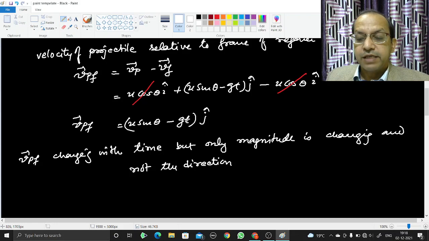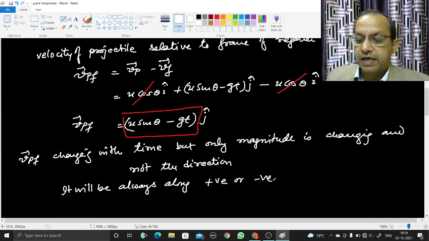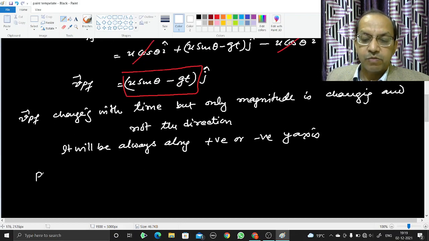If I change the value of t, only the magnitude of this quantity changes, and it has only the j component. It will always be along the positive or negative y-axis. So the projectile velocity seen from the reference frame will be along the positive or negative y-axis. That means the path will be a straight line.